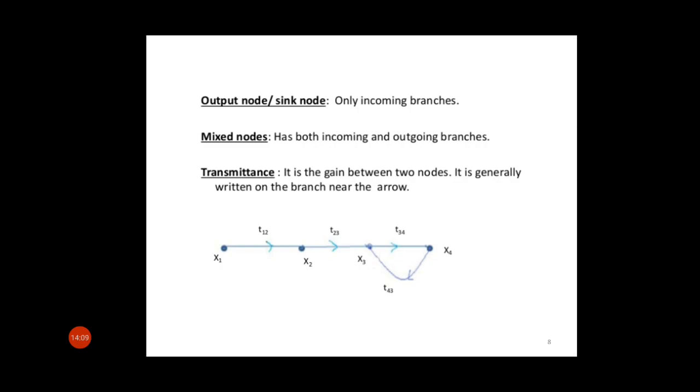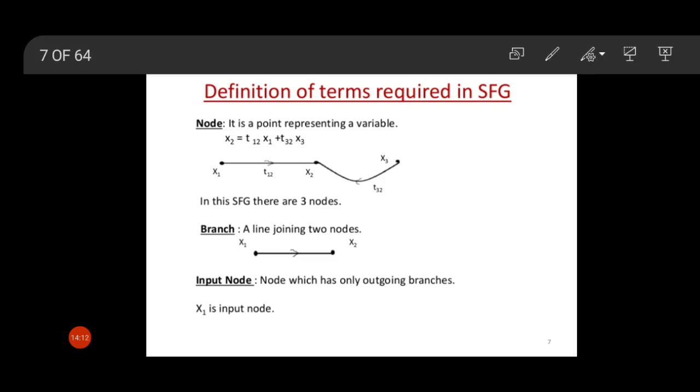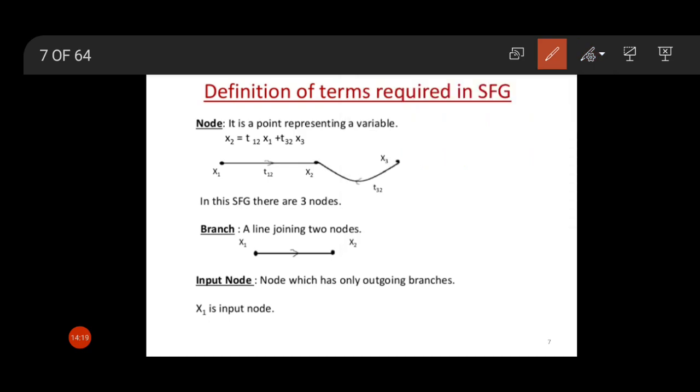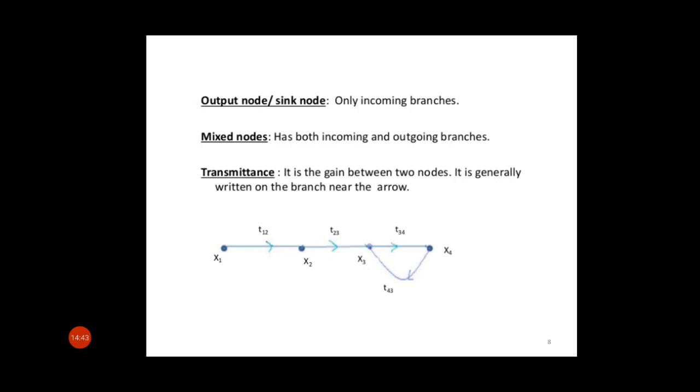If you see this diagram, what is our output node? x2 is our output node, because x2 has only incoming branch.